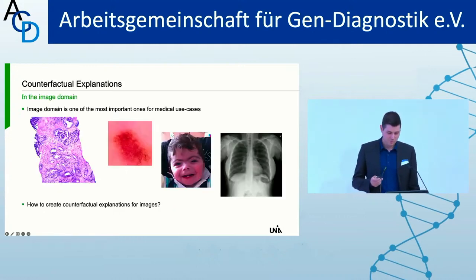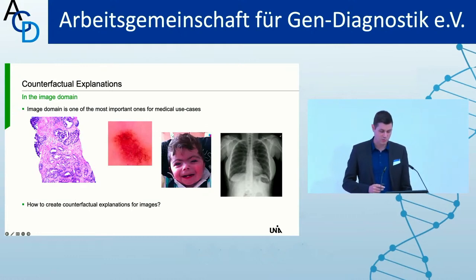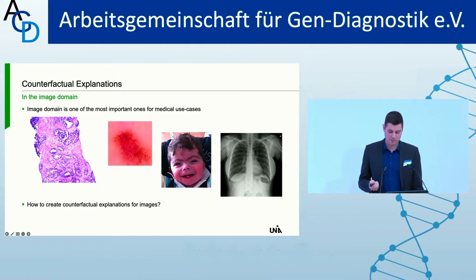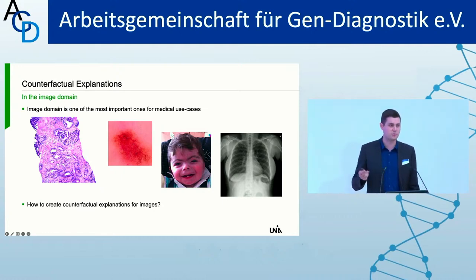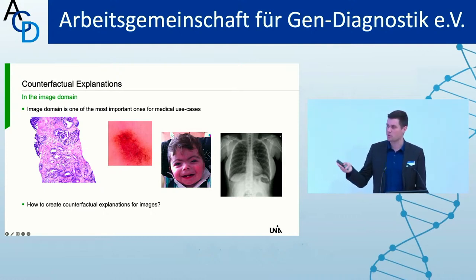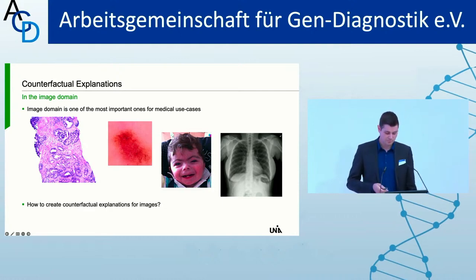Okay, but how can we apply this to our medical domain now? With counterfactual explanations, it is very simple if we just have numerical values. But of course, we want to analyze images because we mostly have images. And that's what I want to focus on right now.